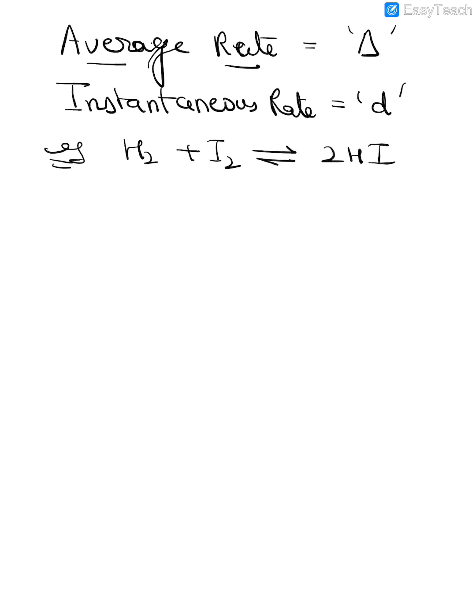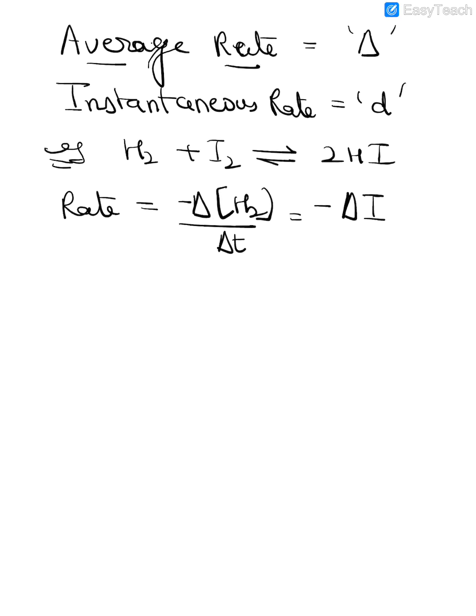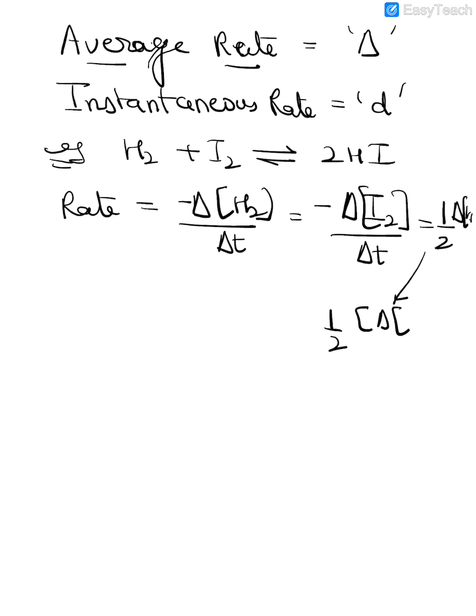If we want to write down the average rate of the reaction, it is written as minus delta H2 upon delta t, or minus delta I2 upon delta t, or half delta HI upon delta t.